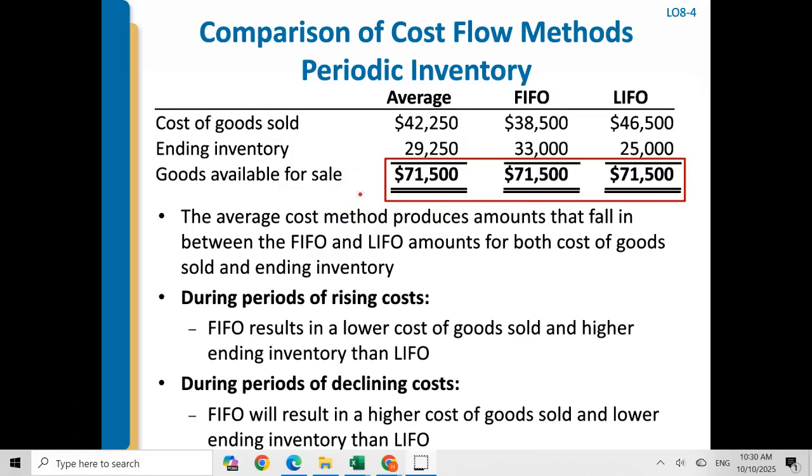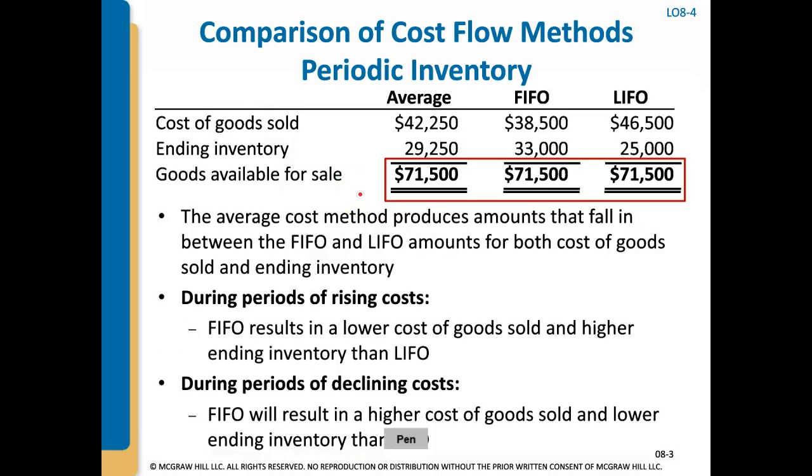This slide just summarizes the impact of each of the different methods that we have gone through in other videos. But I want to focus on FIFO versus LIFO, and under FIFO, you'll see the 71.5. You should recognize that number from the videos, and that was the cost of goods available for sale.